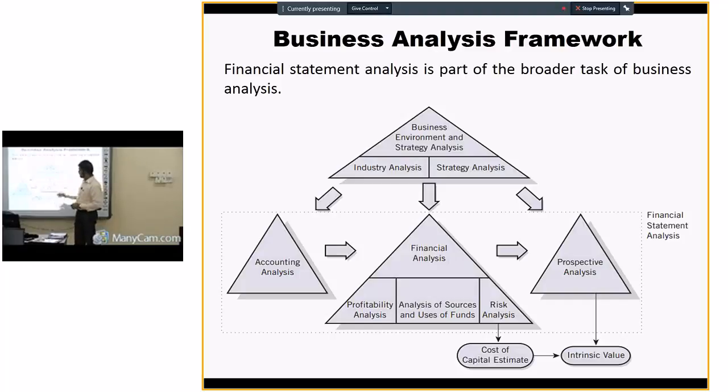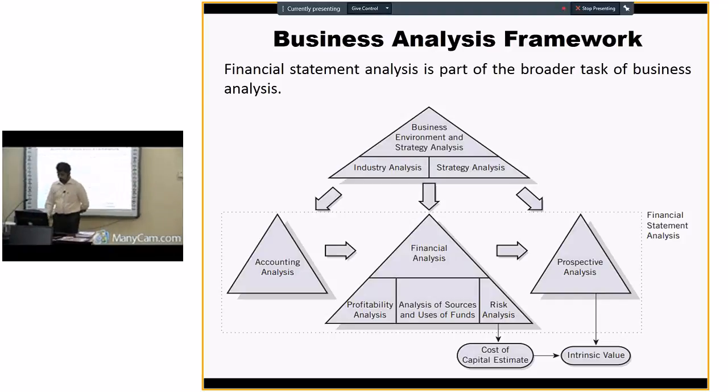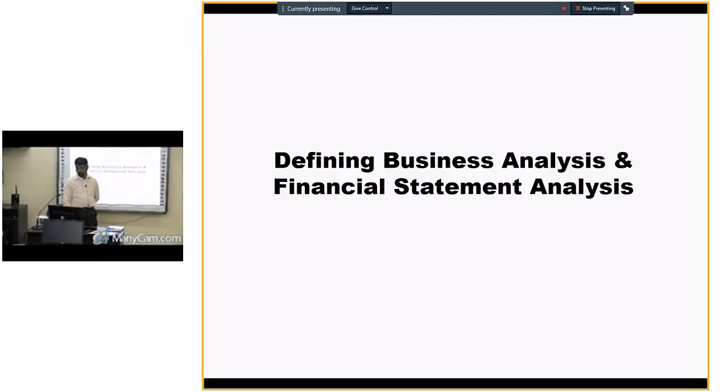Here under financial statement analysis, you can see other subcomponents: profitability analysis, analysis of sources and uses of funds, and risk analysis or credit analysis, all under that category. Then we can find the intrinsic value and compare it with the market value. Then we can use those details to make decisions.